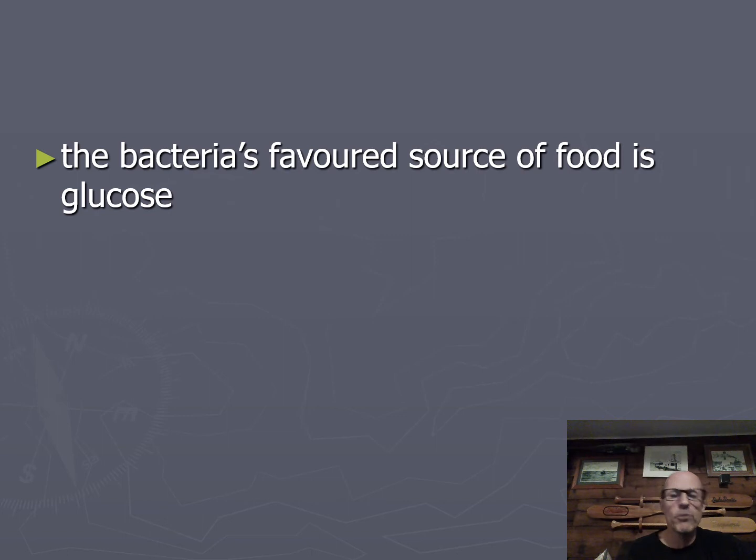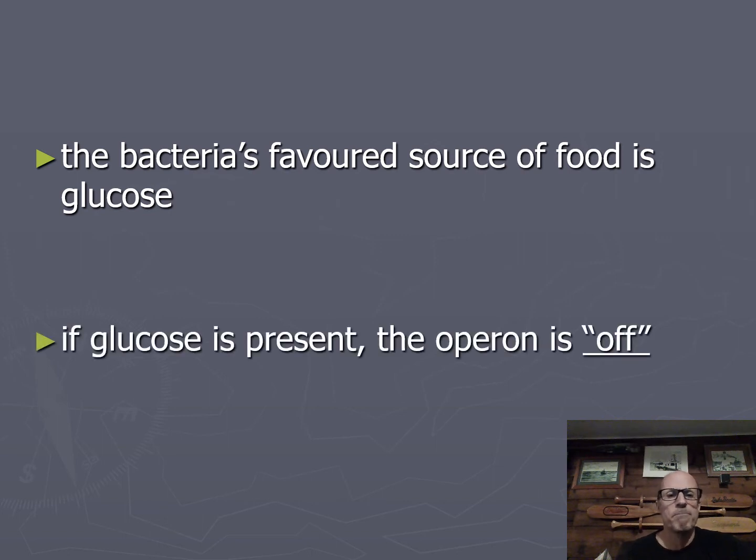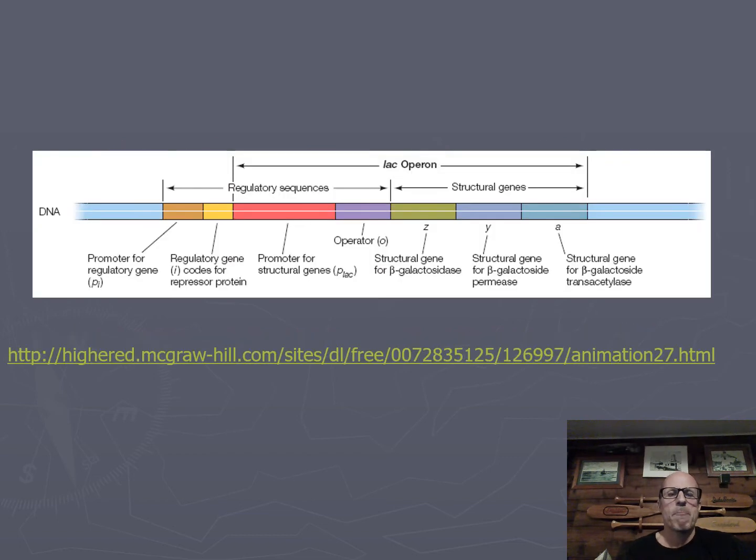Bacteria's favored food source is glucose. If glucose is present, then the operon is off. Again, here is a picture of the Lac Operon, and I'll just quickly identify the important parts. Firstly, there's a promoter region, and this is the recognition sequence for all the genes that lie downstream from it when transcription occurs.